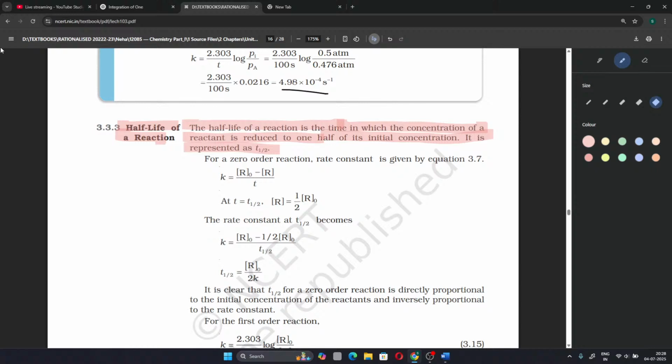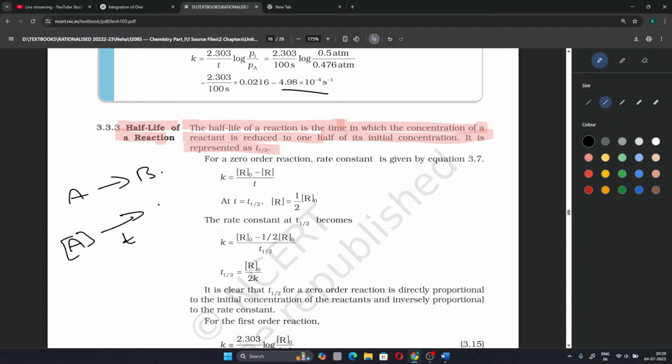Basically, if there is a reaction of A to B, the time it takes for the concentration of A to fall to half of A, this time represented as t half, is called the half time.